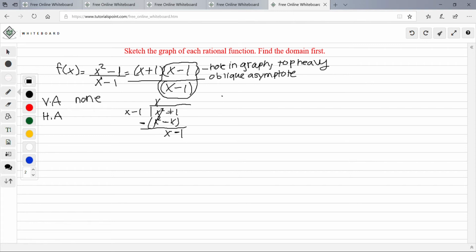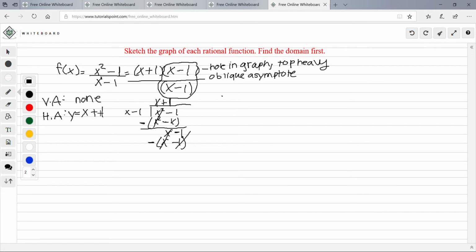Then I'm going to say plus 1, because 1 times x is x, and 1 times negative 1 is negative 1. Distribute that negative, so the x cancels and the 1's cancel as well, so you're just left with x plus 1. So our asymptote is y equals x plus 1, and it's definitely linear.